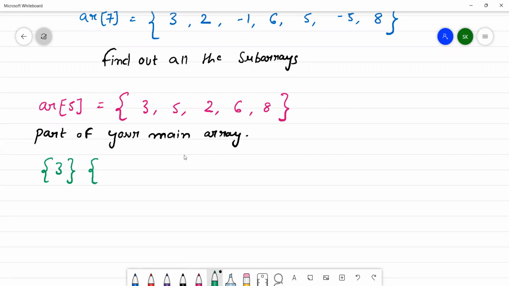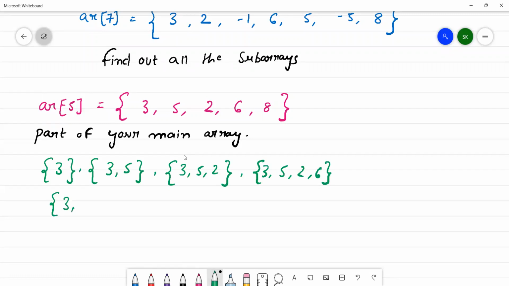If I write 3 and 5, again, it is a subarray. 3, 5, 2. Then 3, 5, 2, and 6. And the last comes 3, 5, 2, 6, and 8. The array itself can be a subarray as well, okay?